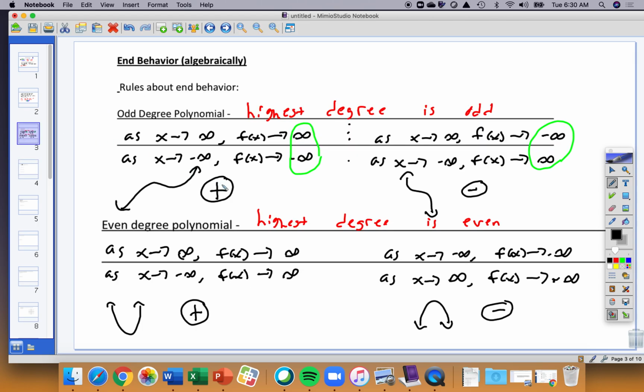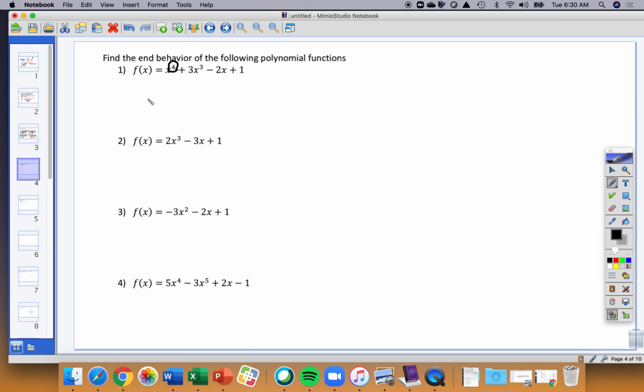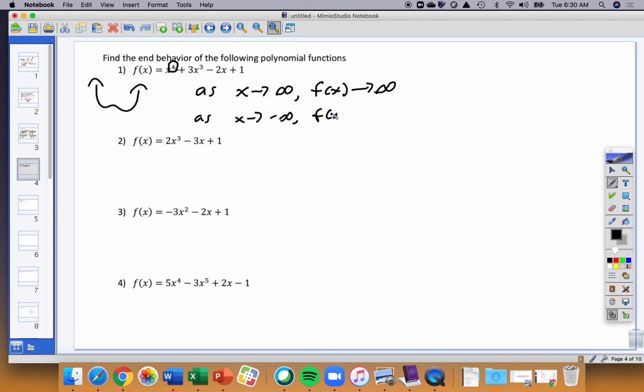So going back to here, I have an even degree polynomial and my leading coefficient is positive. It must face up. It must look something like this. It's facing upwards. So as x approaches infinity, f of x must also approach infinity, and as x approaches negative infinity, f of x must still approach infinity.